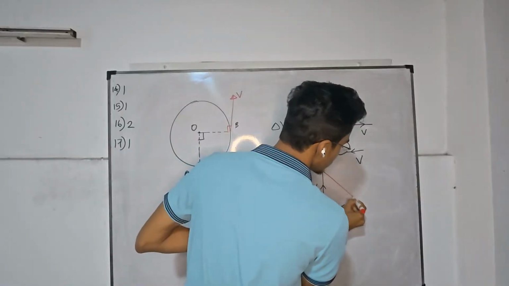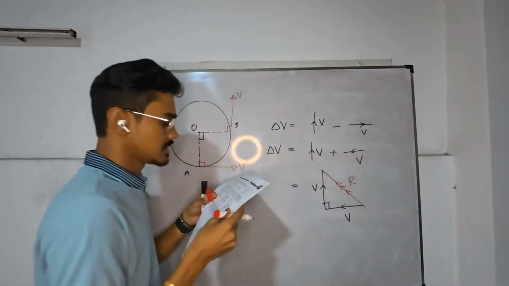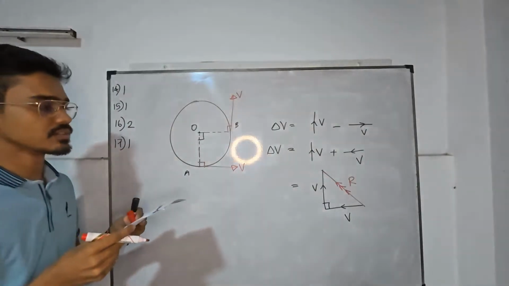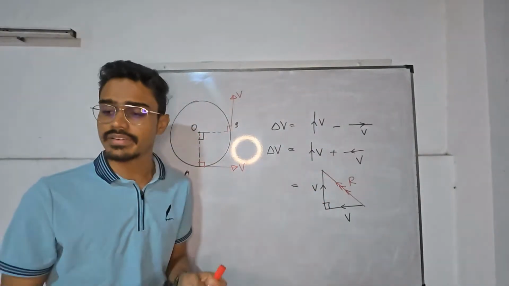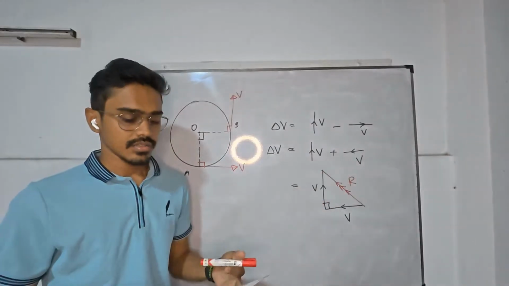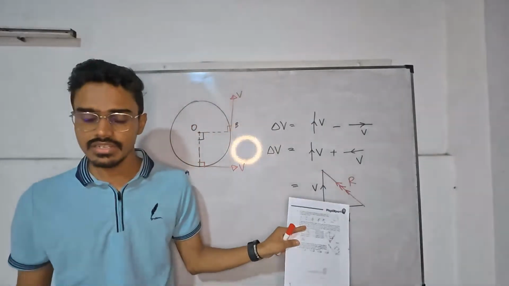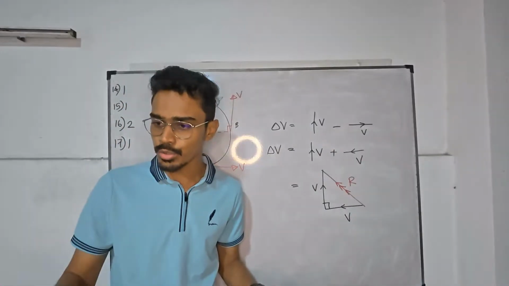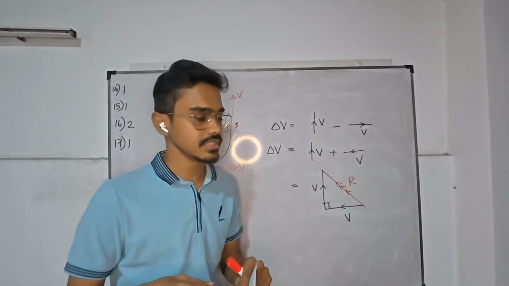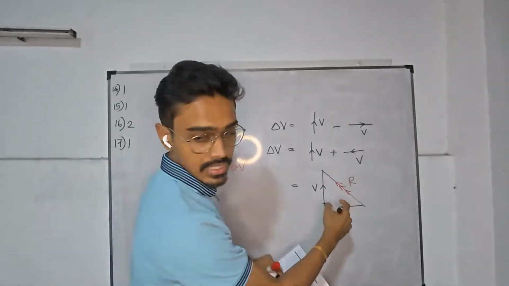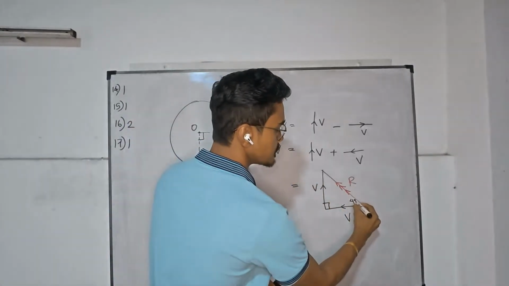If perpendicular vectors are equal, I have discussed in the class, the resultant is always root 2 times one vector. Since this is an isosceles right angle triangle, this angle is 45.